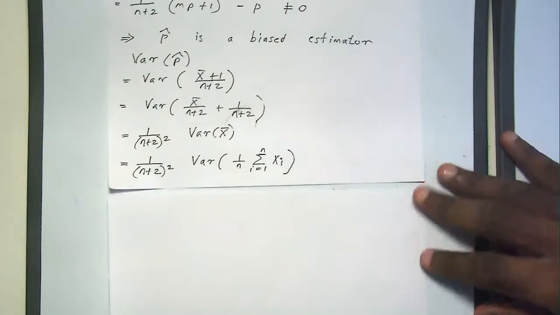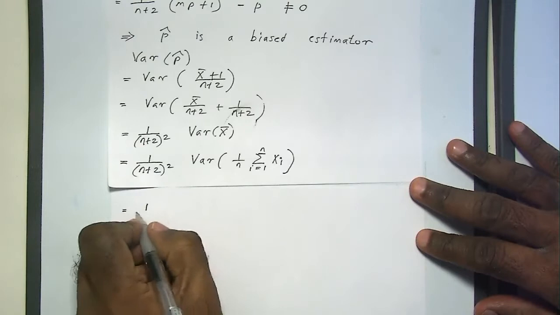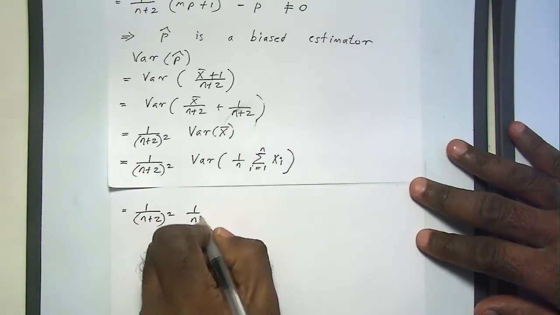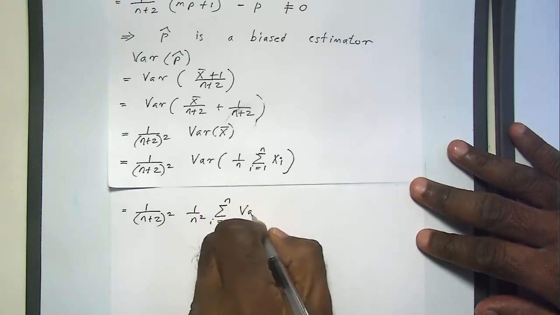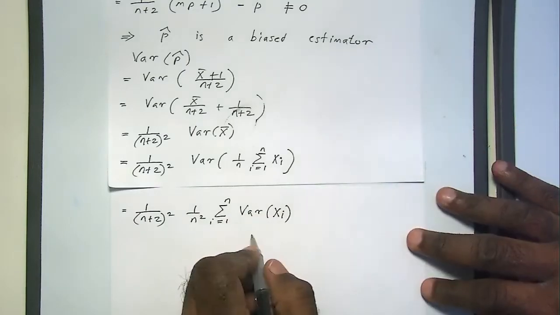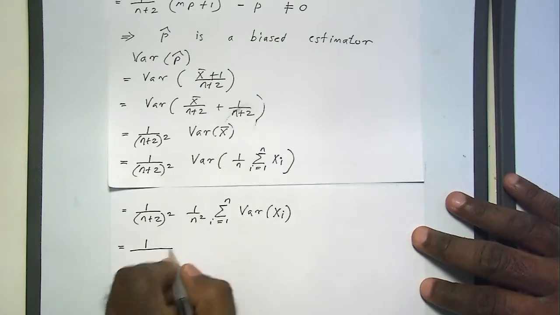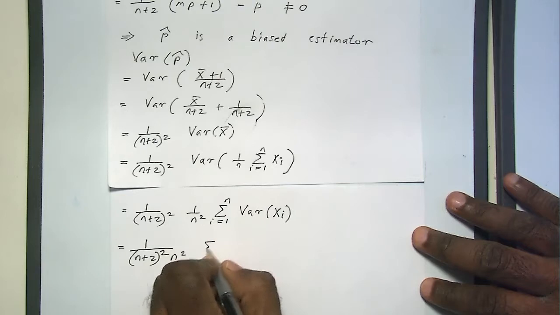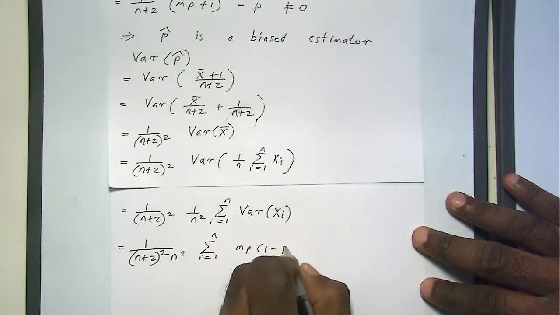Now I'm going to take the variance inside the brackets. So when you take the variance inside, this is what you get, right? Now I'm sure all of you know the variance of a binomial, which is m p times 1 minus p, right?